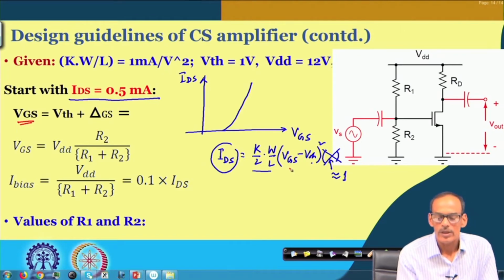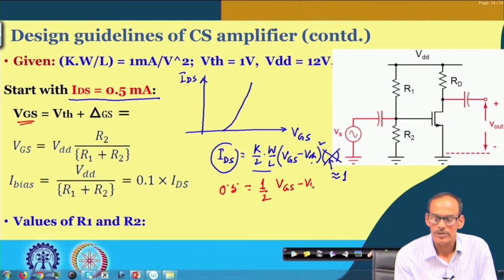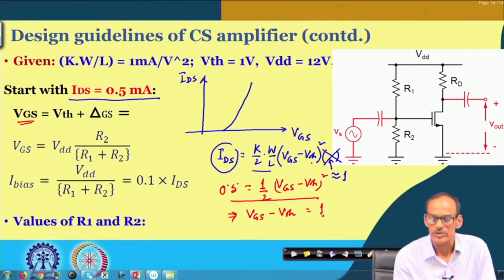In fact, if you use this equation, namely 0.5 milliampere equals 1 milliampere per volt squared divided by 2, times (VGS minus VTH) squared, that gives us VGS minus VTH equals 1 volt, or VGS equals VTH plus 1 volt.